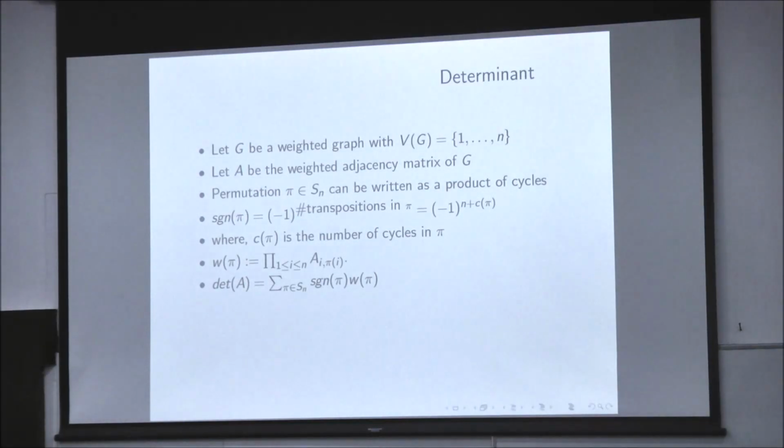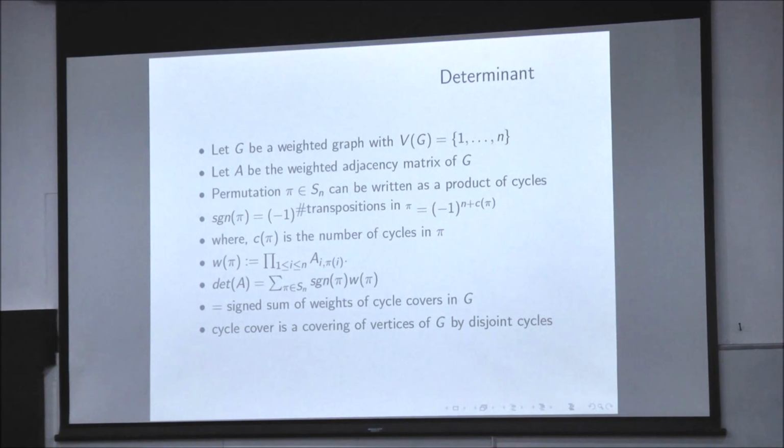Now it's easy to see that the determinant is just the signed sum of the weights of these permutations, where the signs come from the sign of the permutation. Correct? This is the usual definition of the determinant. So it can be viewed as a signed sum of weights of cycle covers in G. What is a cycle cover?